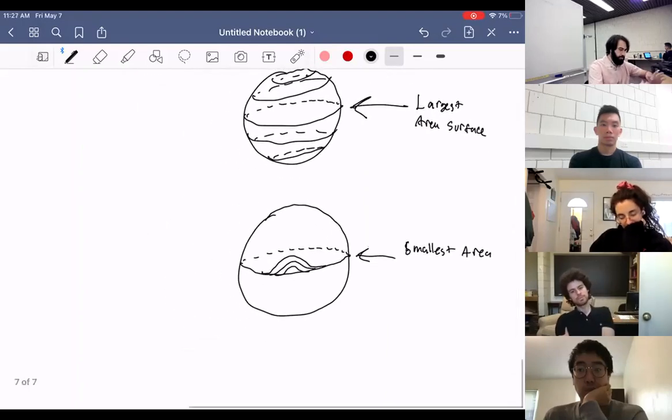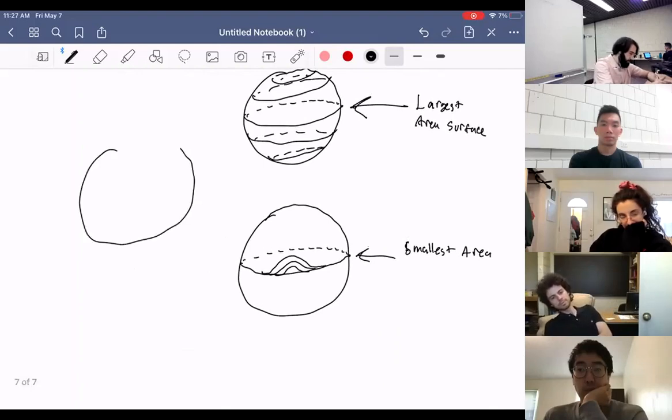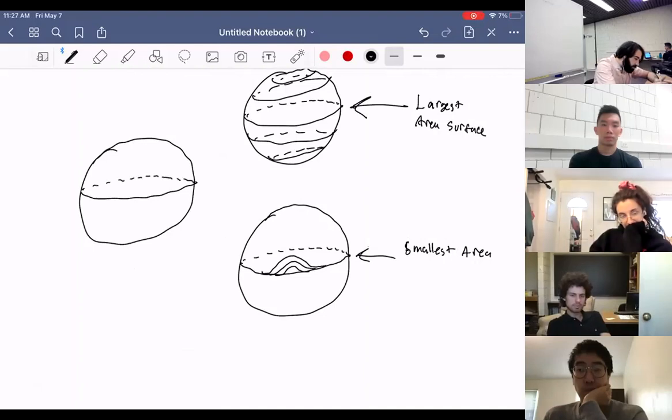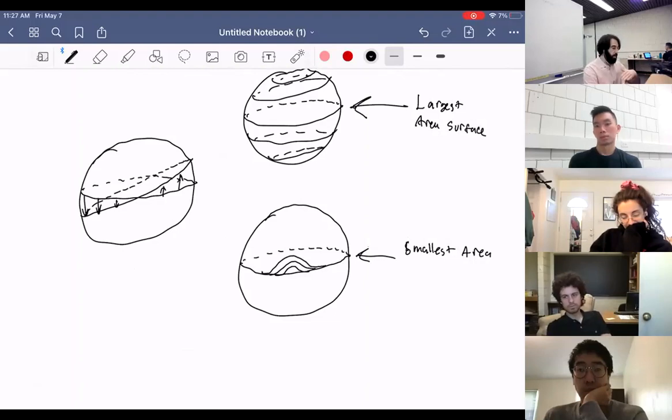And then there's another variation I could do, which would be if I'm just rotating the entire sphere. Technically, this variation doesn't change the area at all. They all have the same area.